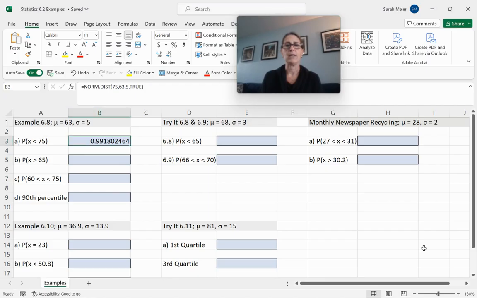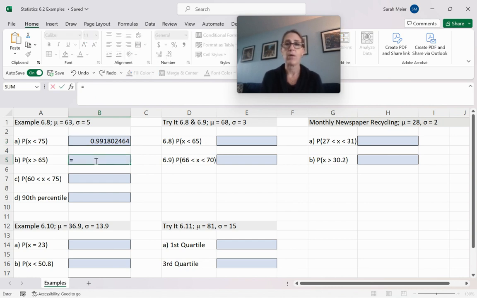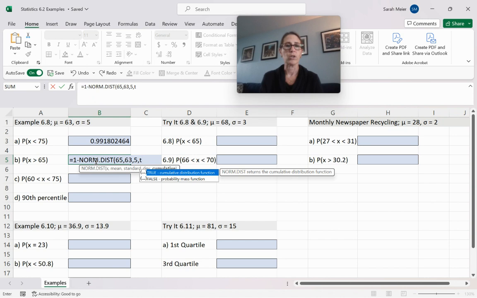So in Excel, our greater than problems are always 1 minus our normal distribution. Again, we use our value 65. Our mean is 63, our standard deviation is 5, and we use the word true.